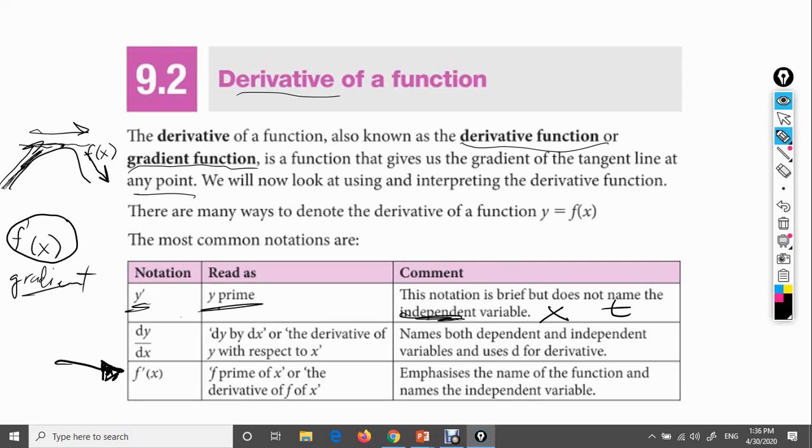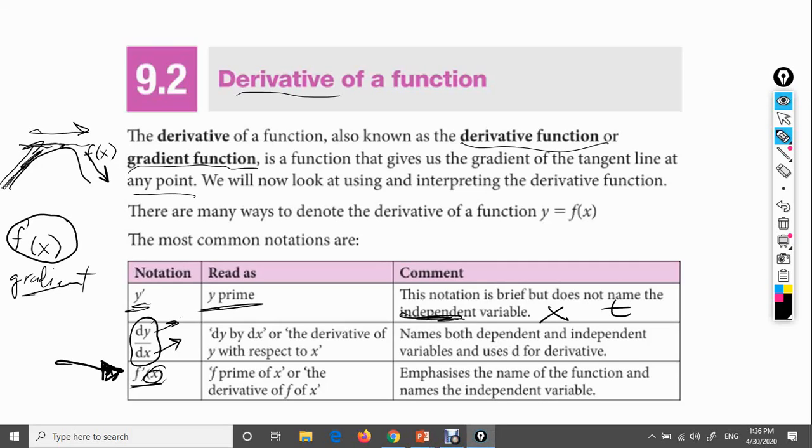Anyway, this one, dy by dx, is a derivative of y with respect to x. And here it's naming both the independent variable, which is x, and the dependent variable, which is y. And f prime of x, as I mentioned before, is a derivative notation that emphasizes the name of the function and does name the independent variable x.